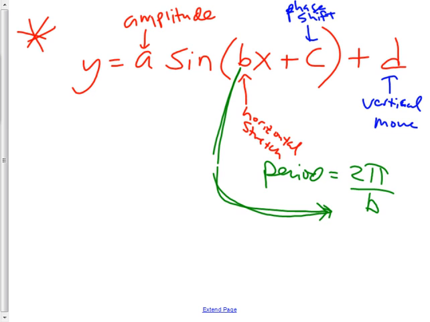So if I give you one now that looks like this, y equals 4 sine x. I'll keep it really simple to start with. Do you get that that's a normal sine graph except what? The amplitude is 4, also known as it is stretched 4 times taller. So again, here's normal sine.